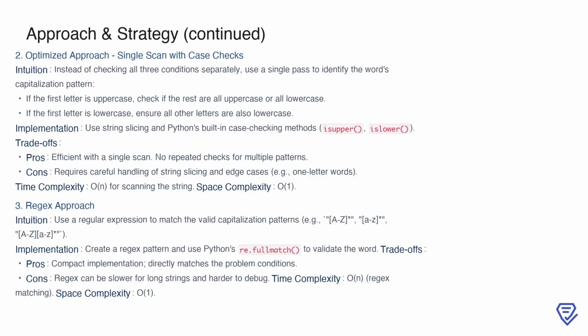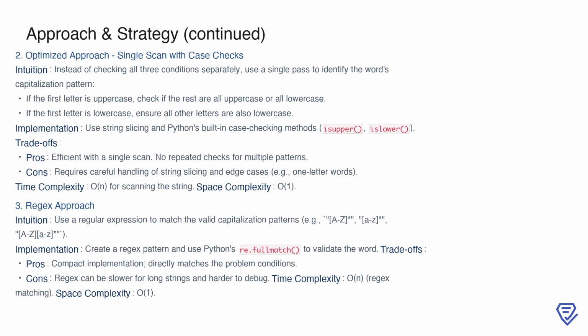Now, a more efficient method is the optimized approach, which uses a single scan of the word to determine its capitalization pattern. The intuition here is to reduce redundancy by combining condition checks into one pass. For example, if the first letter is uppercase, we can verify the rest of the word to ensure that it's either fully uppercase or fully lowercase. On the other hand, if the first letter is lowercase, we simply check that all subsequent characters are also lowercase.